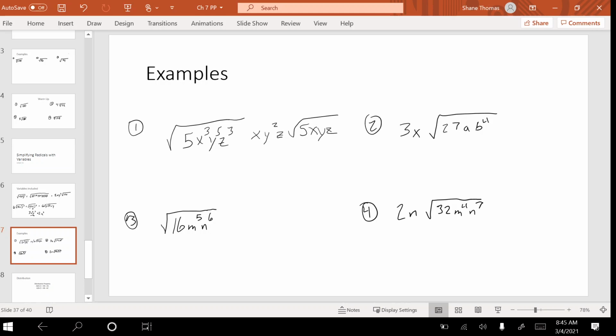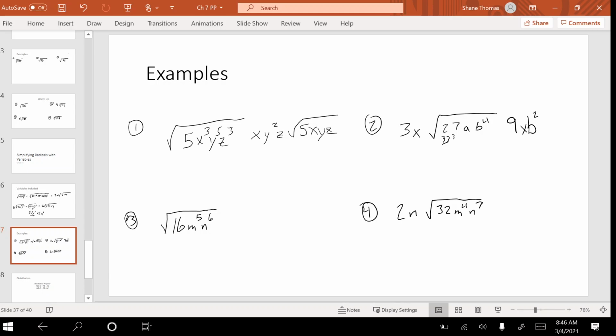Good. Second one, it's 27, so that's 3 threes, correct? Okay, so I have a pair of threes I can bring out. A's, I don't have any that I can bring out. B's, I have 2 of them that I can bring out, 2 pairs. All right, so I multiply stuff together. I'm going to have 3 times 3 is 9. And then I have X, and I have 2 B's.